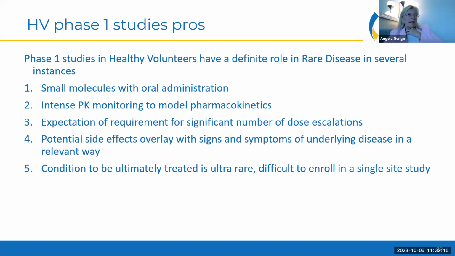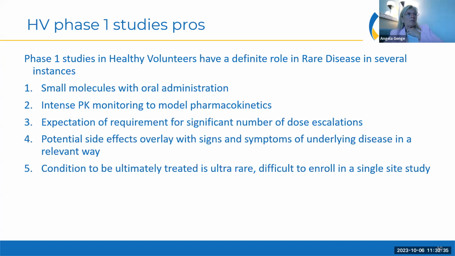So what really happens in those studies is that you get very intense PK modeling, frequent blood draws, and it becomes extremely important in the entire development package that you fully understand your PK profile in human participants.